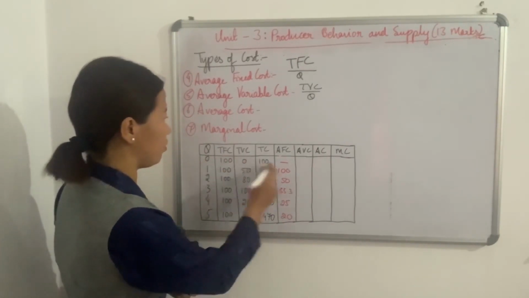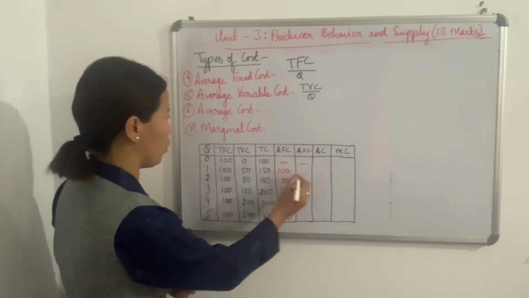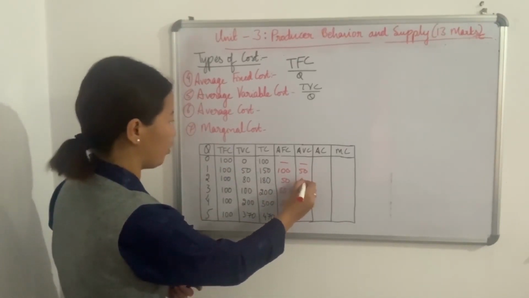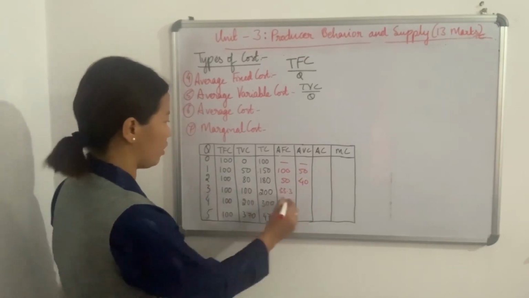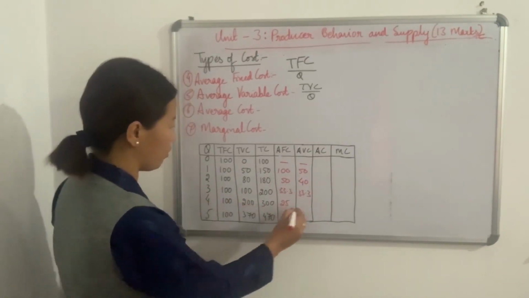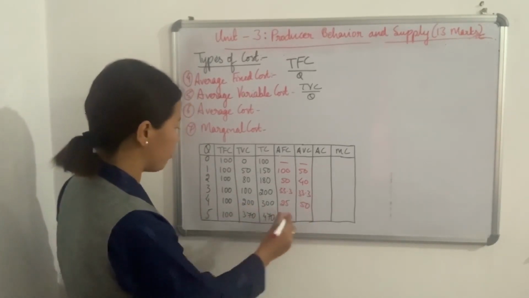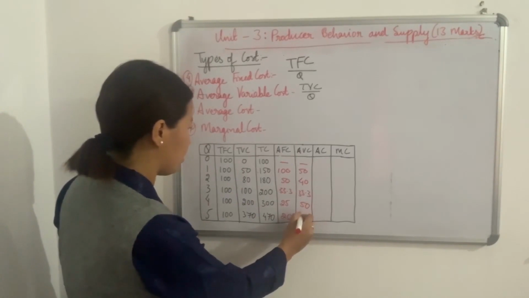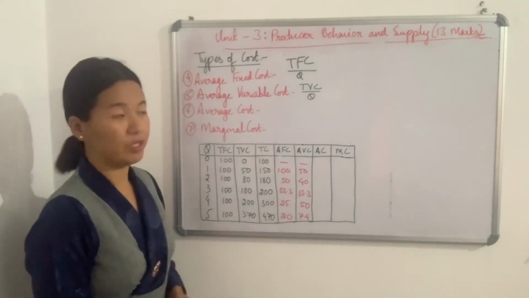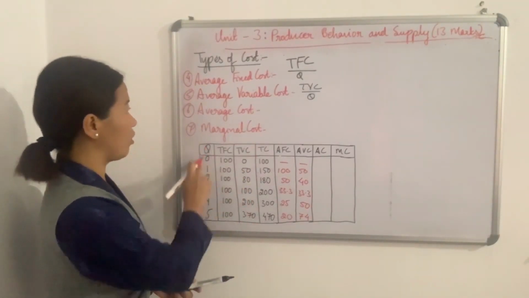First is 0 upon 0, there is no value or infinity. Second is 50 upon 1, 50, 80 upon 2, 40, 100 divided by 3, 33.3, 200 divided by 4, 50, 370 divided by 5, 74. This is the average variable cost, that is total variable cost divided by quantity.